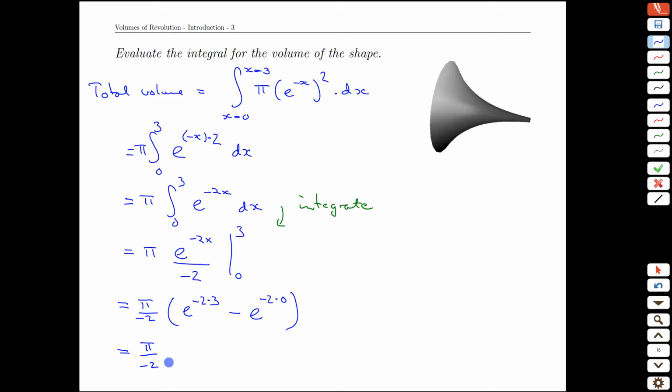Simplifying that a little bit, we get e to the negative 6 minus 1, and that we can use our calculator for. And we obtain a value of approximately 1.57 cubic units.